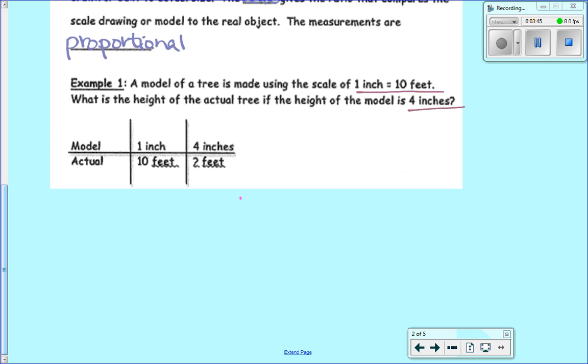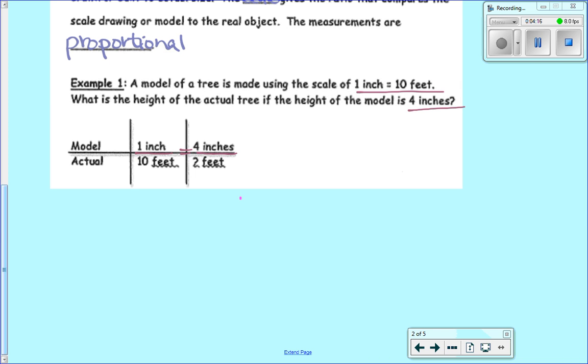We have the model over the actual. Inches would represent the model, right? And then actual is 10 feet. So they write 1 inch to 10 feet as your ratio, equals 4 inches, which represents our model, and look at your units, inches with inches. So this is the question mark.